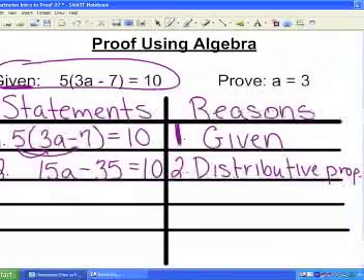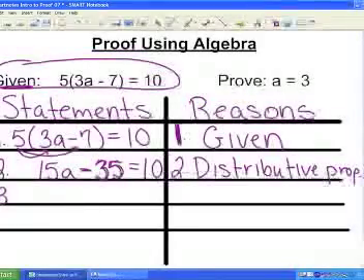Next, if we're solving this equation, you would ask yourself, what do you have to do to get the a term by itself? Well, I have to move this minus 35. When we move a term, we perform the opposite operation. So the opposite of subtracting 35 would be adding 35. Now, notice I'm not going to put plus 35 to both sides in my proof.